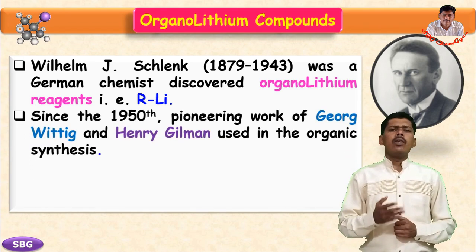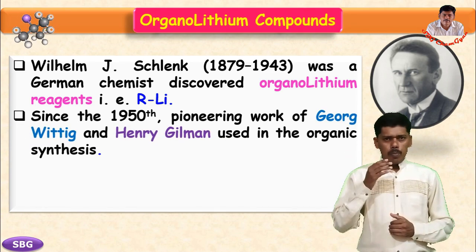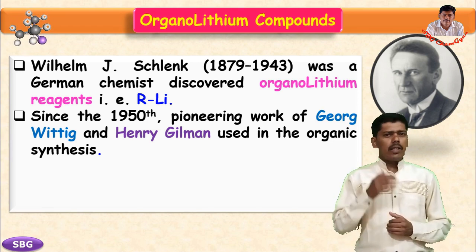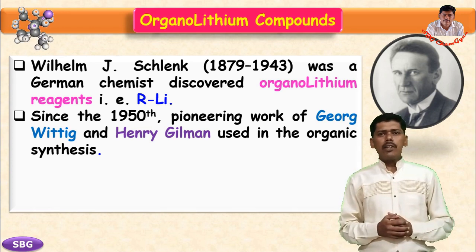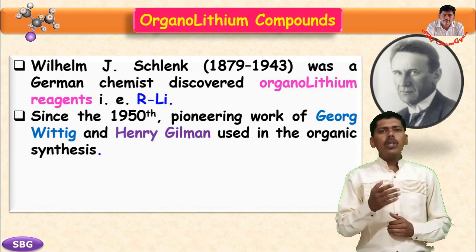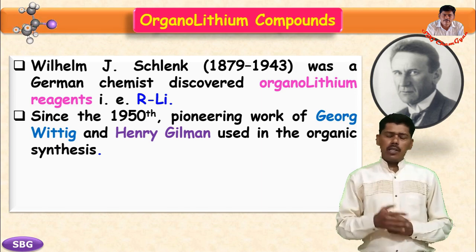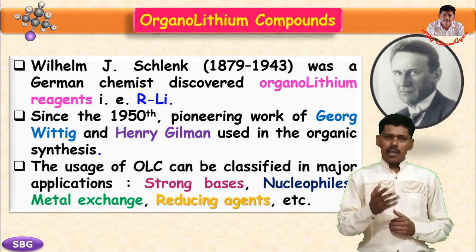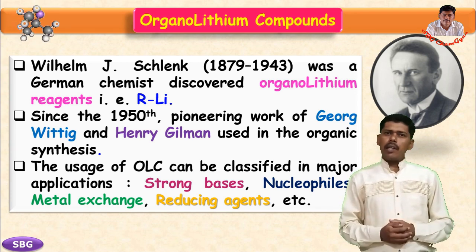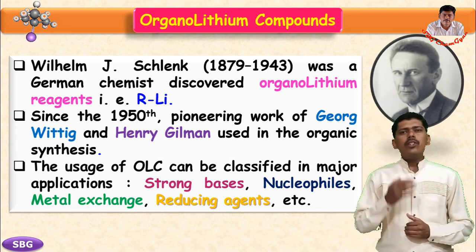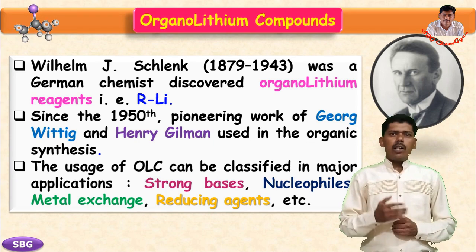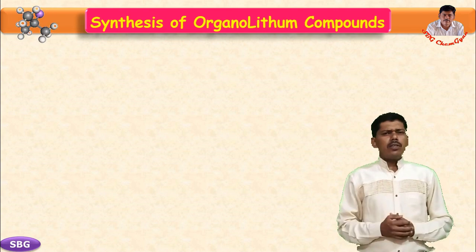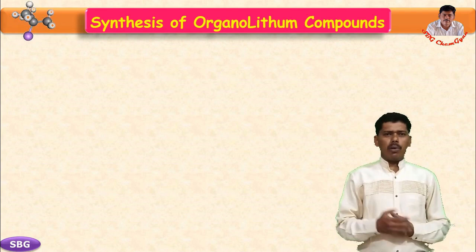But only since the 1950s, based on the pioneering work of Georg Wittig and Henry Gilman, organometallic reagents became a routinely used tool in organic synthesis. The use of organolithium compounds can be classified into major applications like strong bases, nucleophiles, metal exchange, and reducing agents, etc. Now we study the synthesis of organolithium compounds.